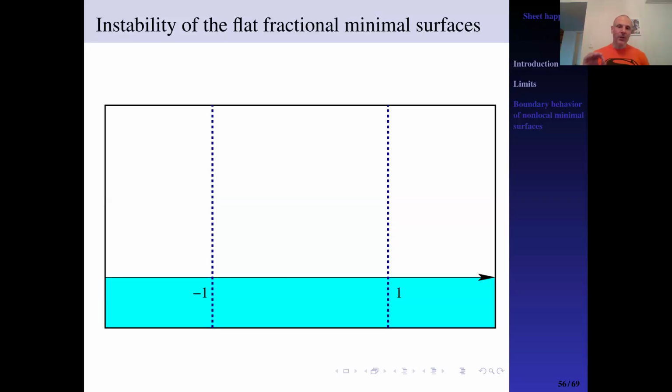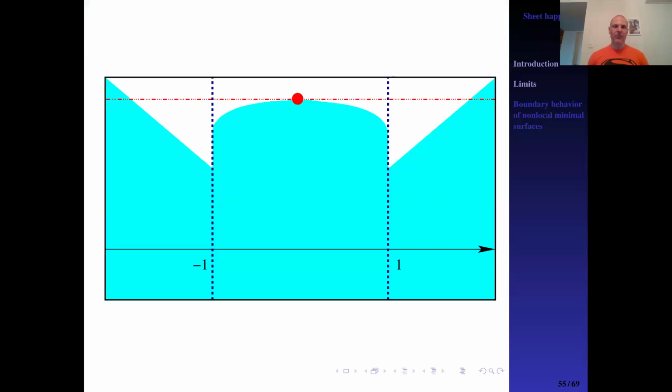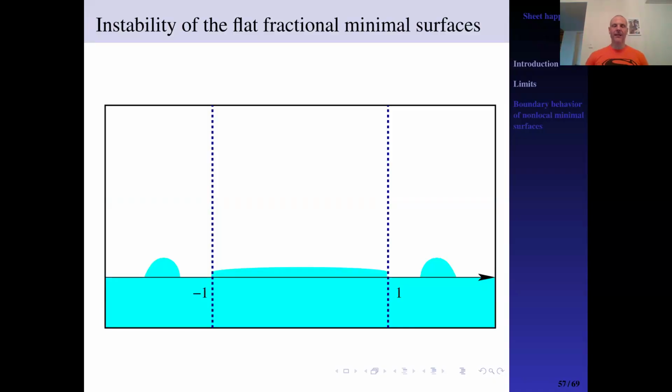Now suppose that you perturb a bit your datum outside, so you add a little bump. Well, then what happens is that there is a non-local interaction between these little bumps. Say I'm putting here two symmetric bumps on both sides, but this is just to make a nice picture. The situation is much more general than this.